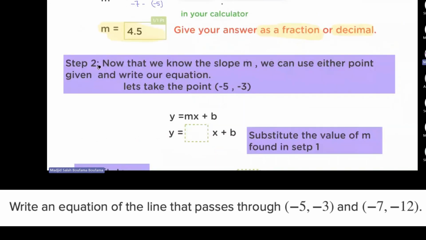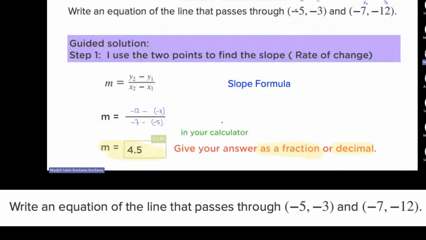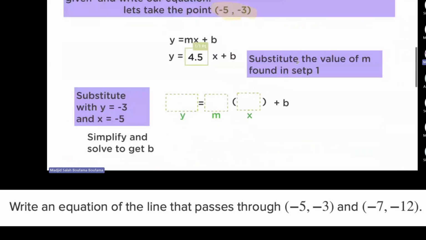Can you see here? Step 2. Now that we know the slope m, we can use either point given and write our equation. I'm going to take this point, (negative 5, negative 3), which is the first one. You can use either. Both of them give you the same equation. So we use one of them only.